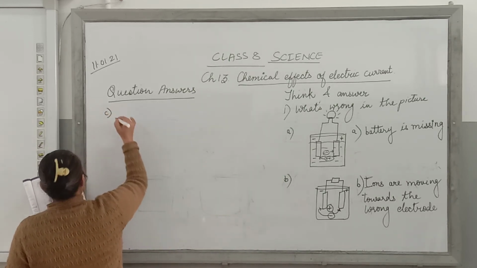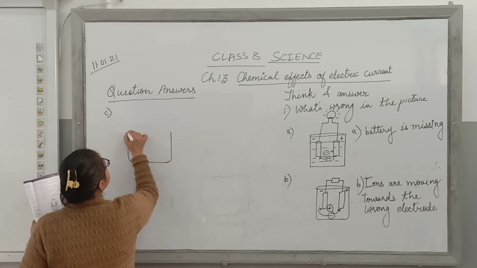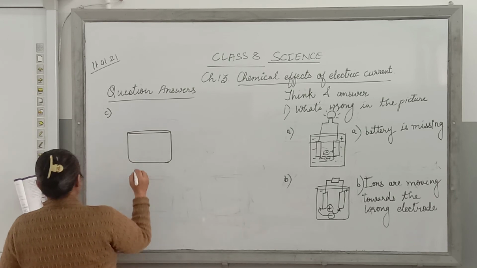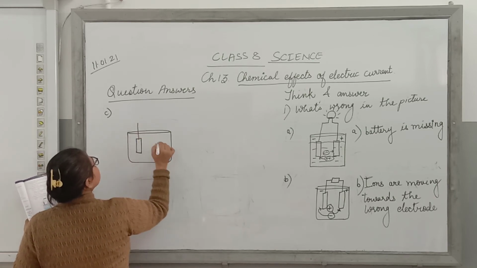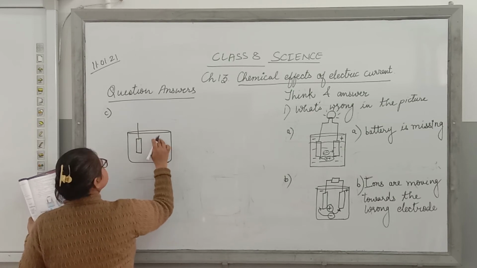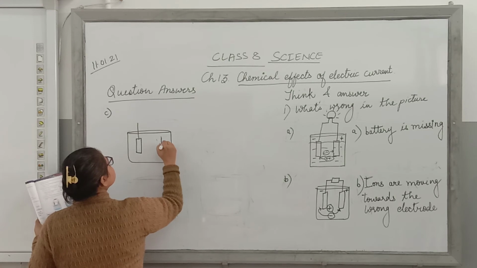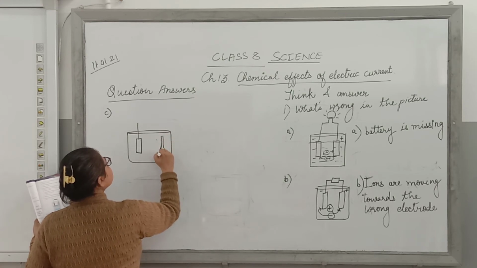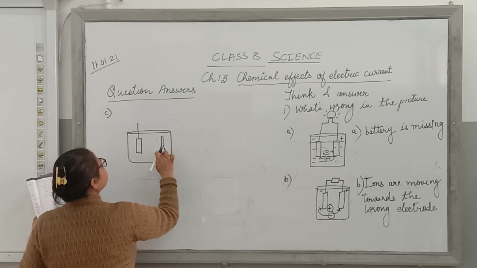I am explaining you in the video. You have to write in your own words. So part C, in this we have a beaker. Again, there are two electrodes. One is made of copper. Another is a spoon. This is a spoon made up of maybe steel or any other metal.